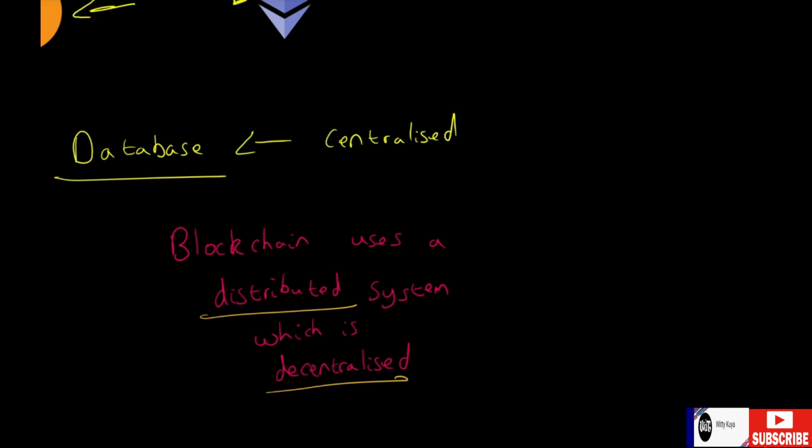One word you might come across when you hear blockchain, or more specifically cryptocurrencies like Bitcoin, but they're essentially referring to the blockchain, is unhackable or tamper proof.